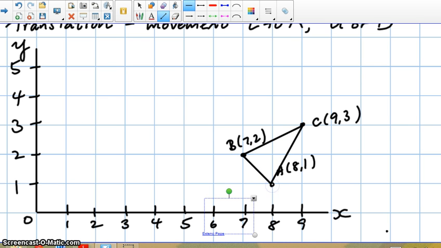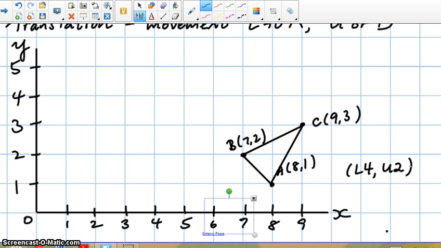Okay, now remember translation rules can be given to you in terms of directions, and also an arrow. Let's deal with directions for now. Suppose I asked you, and hopefully you'll remember this from last year, I want you to move it, and I'll write it down here, left 4 and up 2.